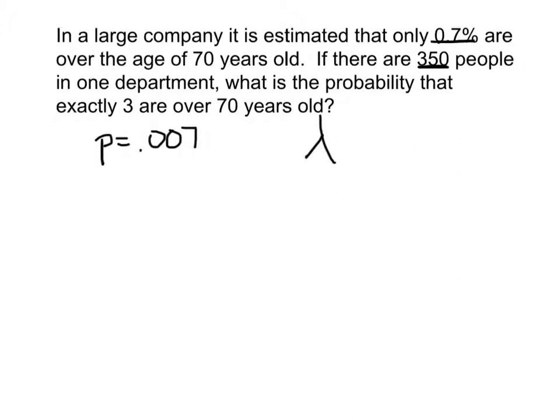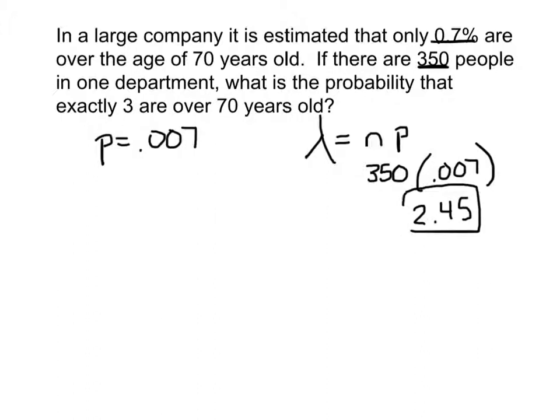To find gamma, which is an expected value, an average, all I have to do is n times p, just like we did before. So in this case, you would take 350 and multiply it by 0.007. So of the 350 people that work in the company, I would expect 2.45 of them to be over the age of 70. Again, gamma does not have to be, and in most cases will not be, a whole number. It might be.